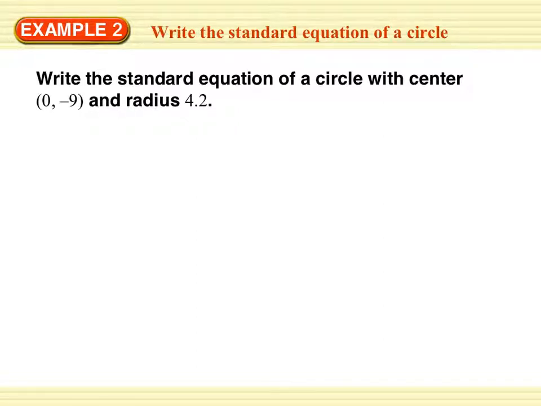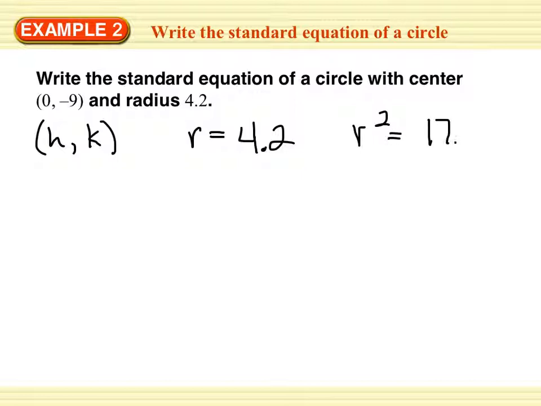Write the standard equation for a circle with center 0, negative 9, and radius 4.2. So h is 0, k is negative 9, and the radius is 4.2. So let's square that radius. The radius squared is 17.64.